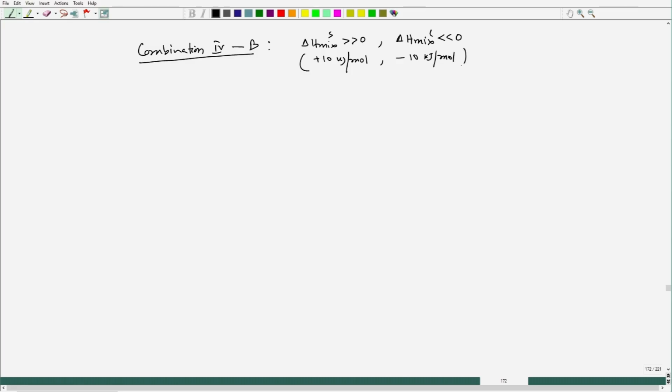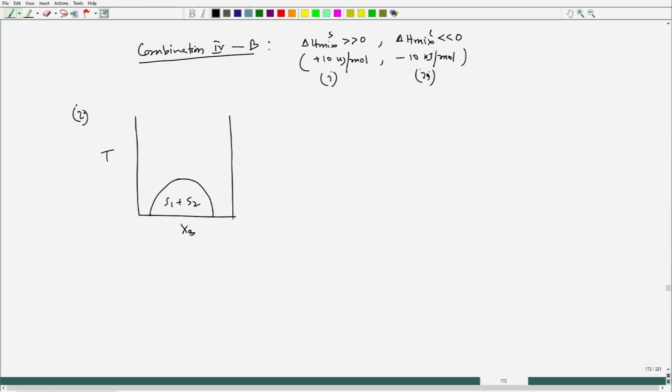This is a kind of arbitrary combination. So, in that case I have to see what is happening. This is, let us say, 1, this is 2. Now, if I look at combination B of 1, I see this is the phase diagram. I am getting this phase diagram, S1 plus S2.